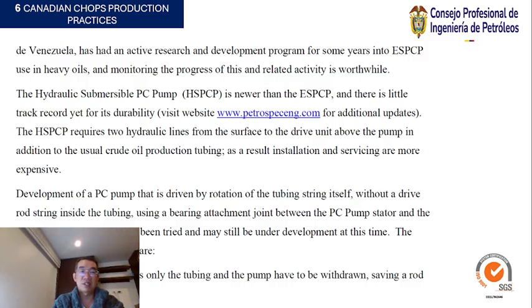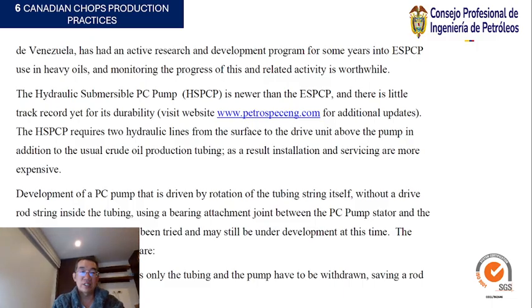Development of a PC pump that is driven by rotation of the tubing string itself, without a drive rod string inside the tubing, using a bearing attachment joint between the PC pump stator and the tubing to drive the rotor, has been tried and may still be under development at this time.